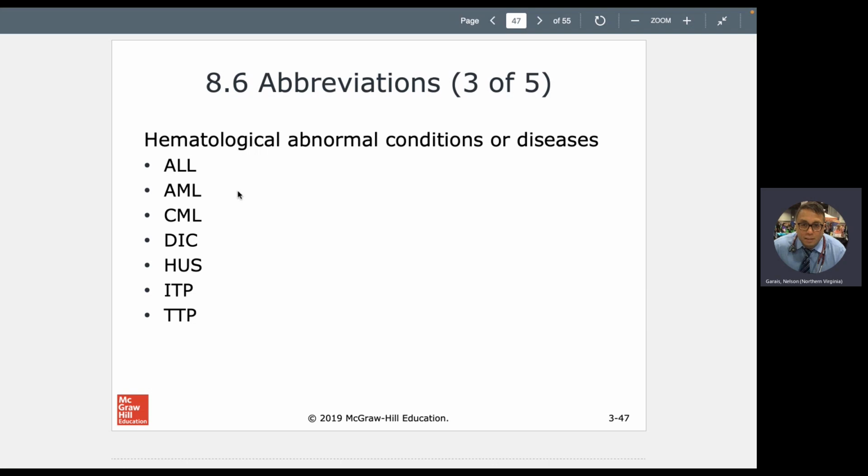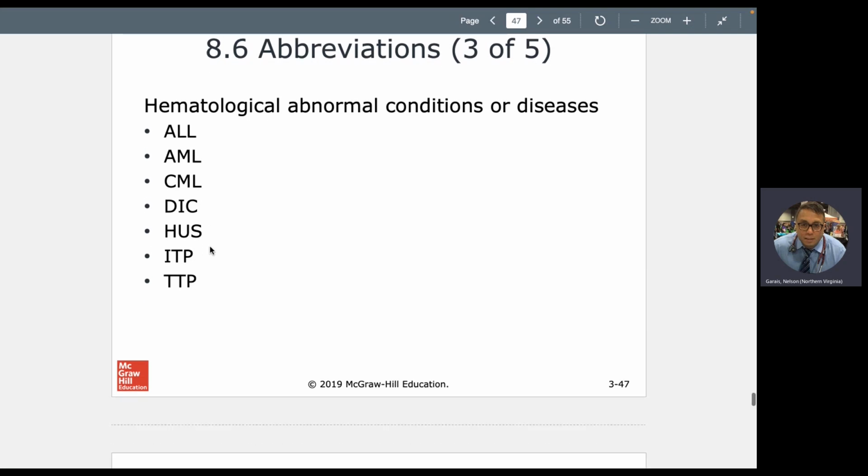ALL, AML is acute, I forgot, lymphocytic leukemia, I forgot the L, but AML is acute myelogenous leukemia, CML is chronic myelogenous leukemia, DIC is disseminated intravascular coagulation, and I don't know what these are.